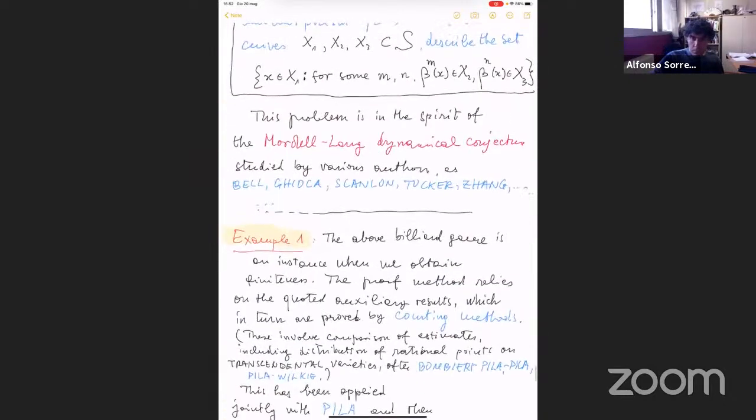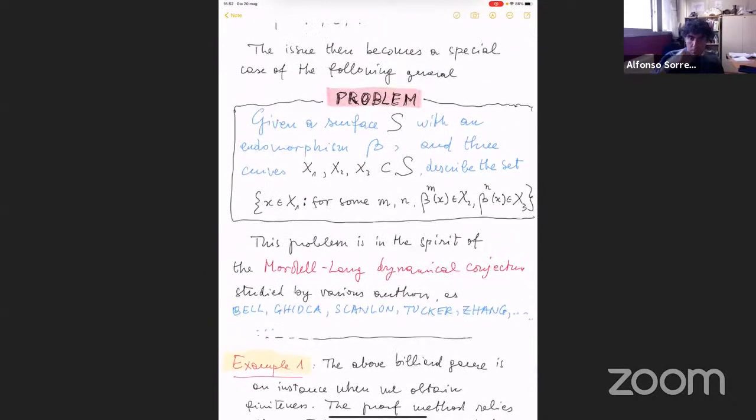In example one, the surface is just an ellipse by itself, so essentially P1 squared, and we have an endomorphism which corresponds to the billiard map, and that leads us into the theory of rational points on analytic curves.